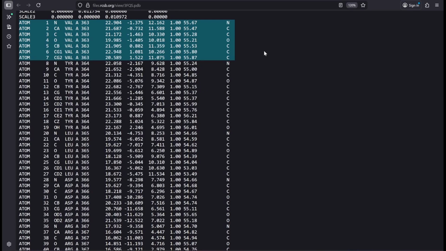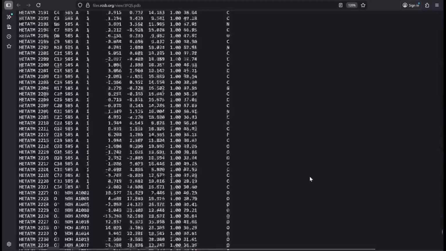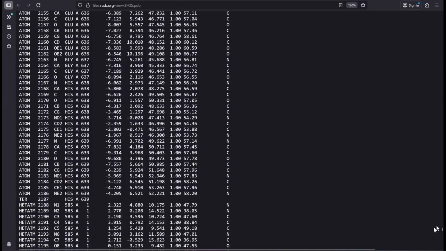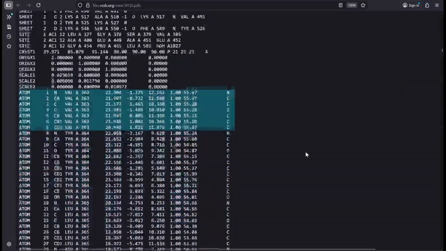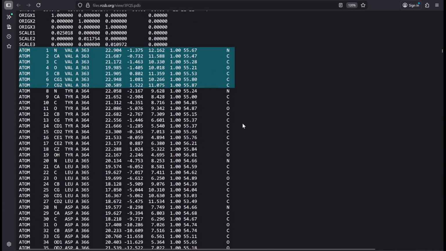So it is basically capturing the range starting from 363 up to the numbering that is given here, for example, I think, 639. So out of the entire length of the protein, the residues 363 to 639 have been crystallized in this particular PDB structure. That is the residue numbering, basically. So this is starting from valine 363.